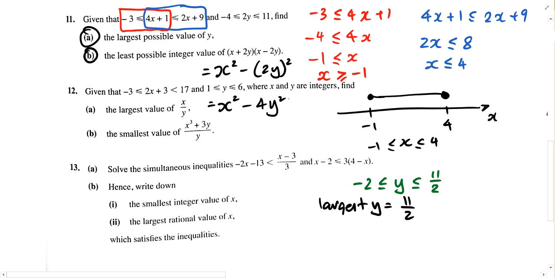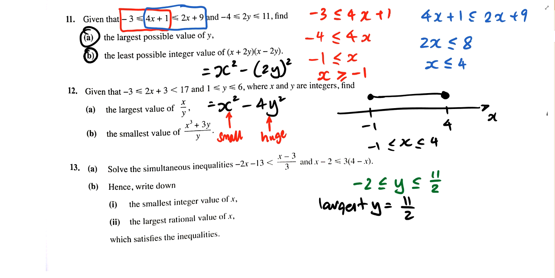If I want the least possible value, it occurs when I have a small number minus a big number. If possible, it's going to be negative. So I want this to be small. I want this to be huge, so that I get a very small answer.